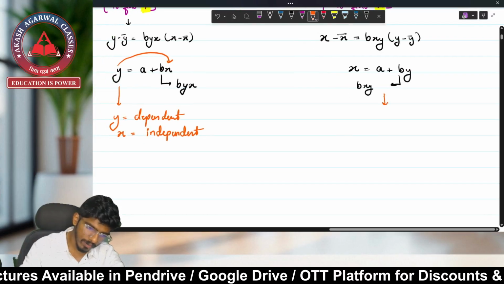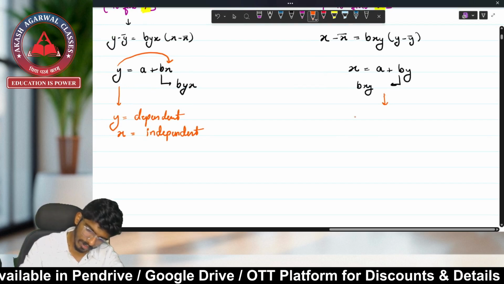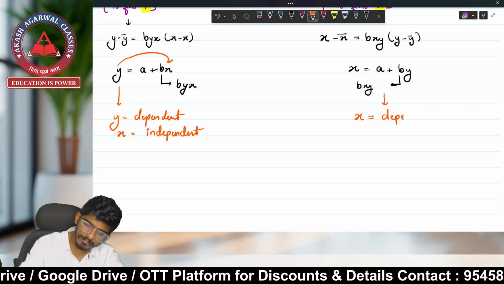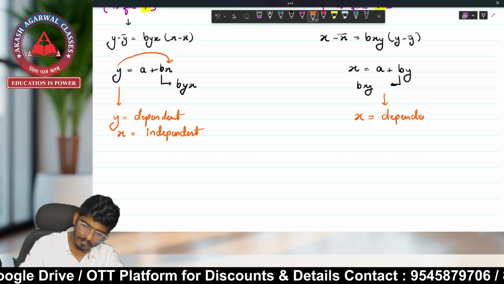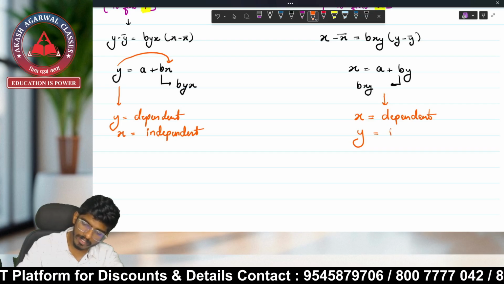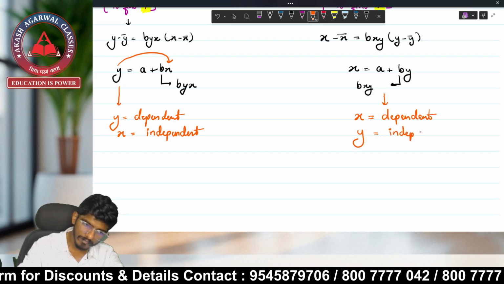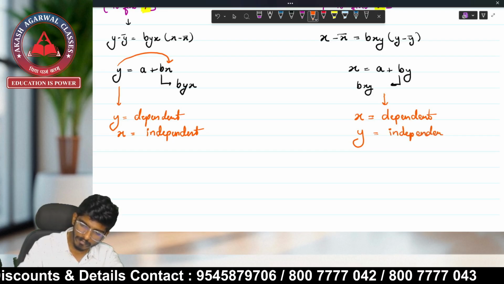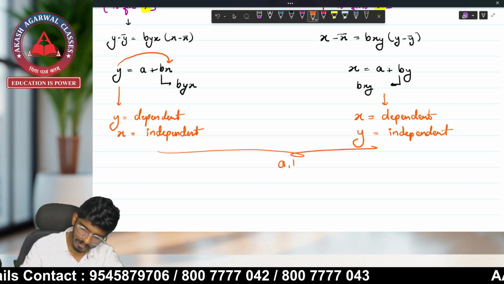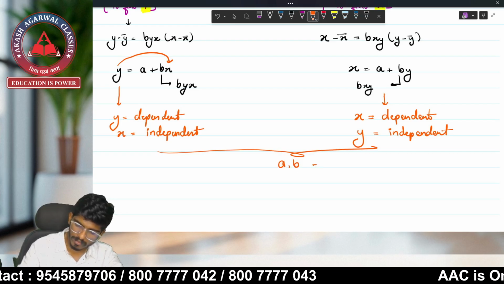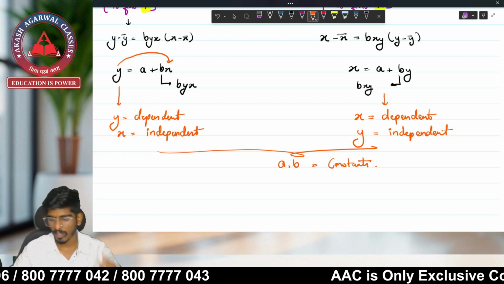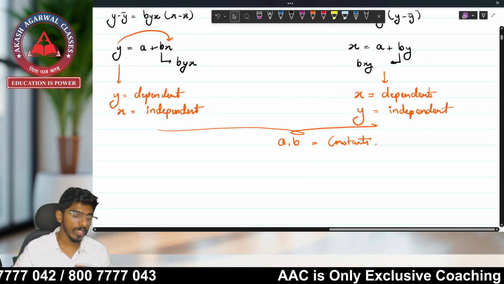Similarly, in the other scenario, x is going to be dependent and y is going to be independent. In both cases, a and b are going to be constants. a and b are what?